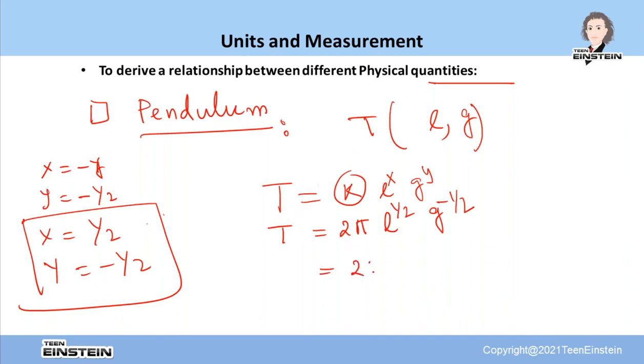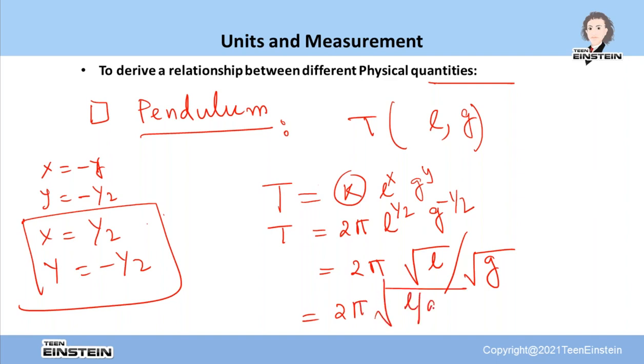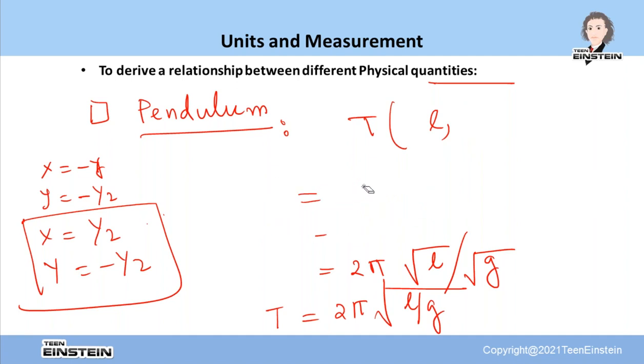So I can write this as 2 pi root L divided by root g, which in compact format is 2 pi root of L by g. This is the expression for the time period of a simple pendulum.